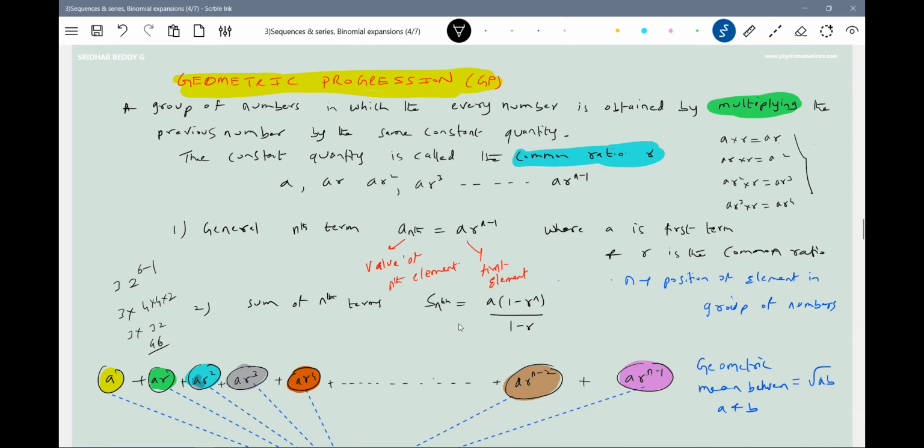See the number. This is a geometric progression. So this R is called a common ratio. These are the elements, this yellow color are elements. Common ratio is this one.